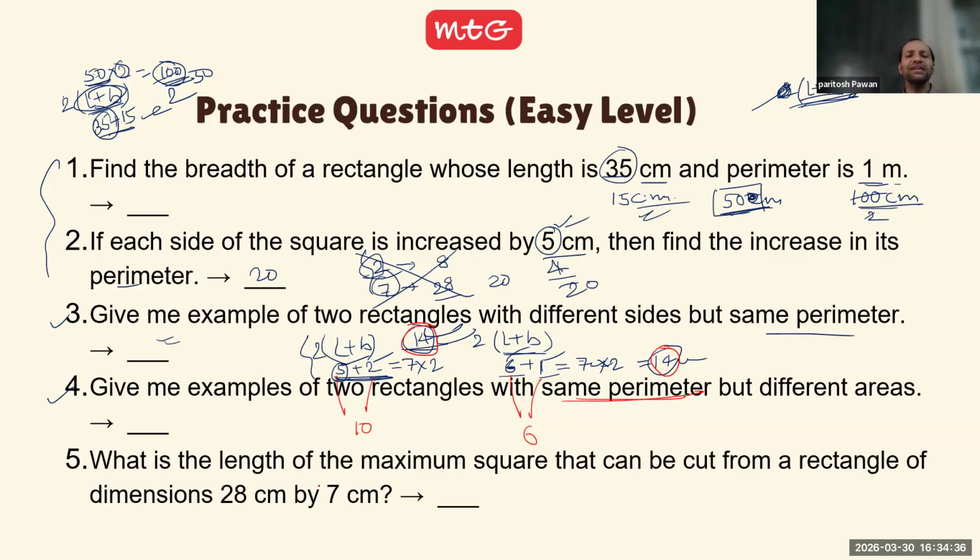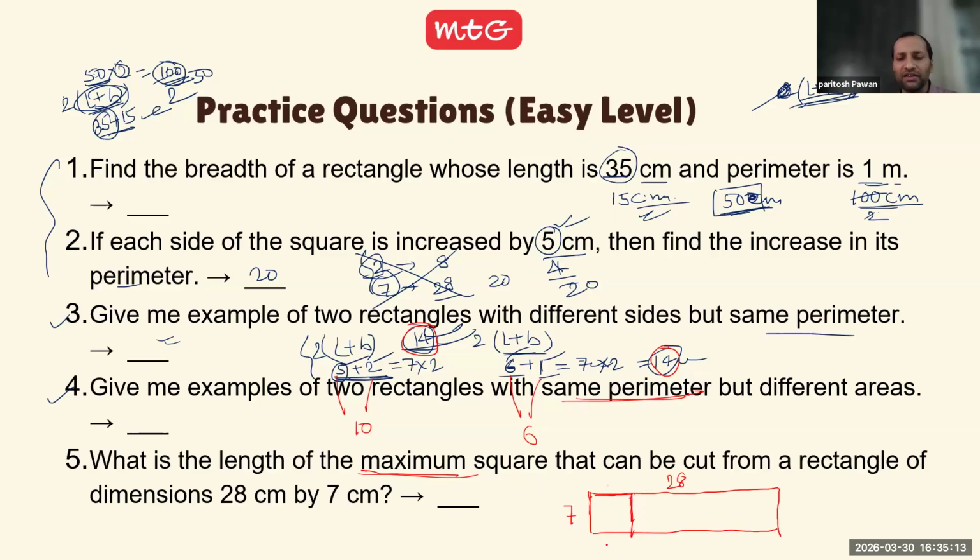Now question 5. Question 5 says what is the length of the maximum square that can be cut from a rectangle of dimension 28 by 7? It means there's a rectangle whose breadth is 7 and length is 28. We have to cut a square that has the largest length. This side is 7, on this side also we'll take 7, 7 into 7.